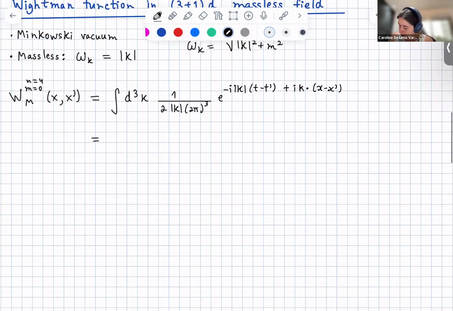So we can write this, I'm going to use spherical coordinates now. So I will change to spherical coordinates, and this is going to give me this measure.